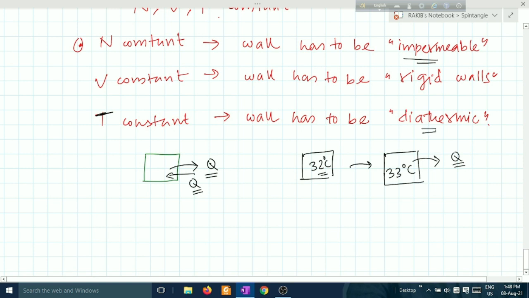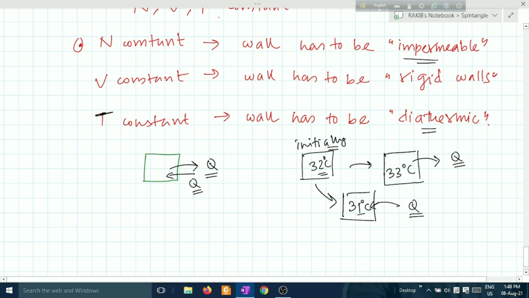A diathermic wall means a wall from which heat can go out or come in. Say the system was initially at 32 degrees centigrade, and by some means it becomes 31 degrees centigrade. Then external heat has to enter the system to heat it up.